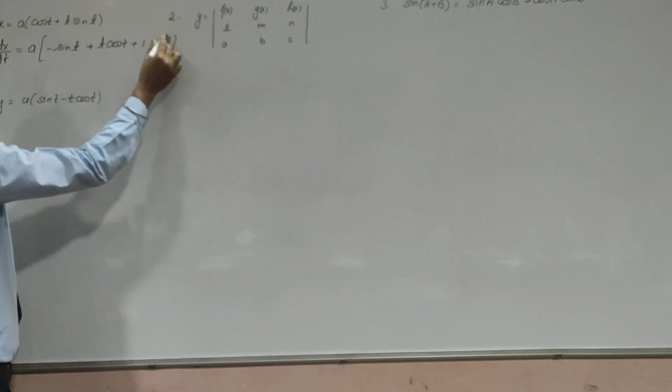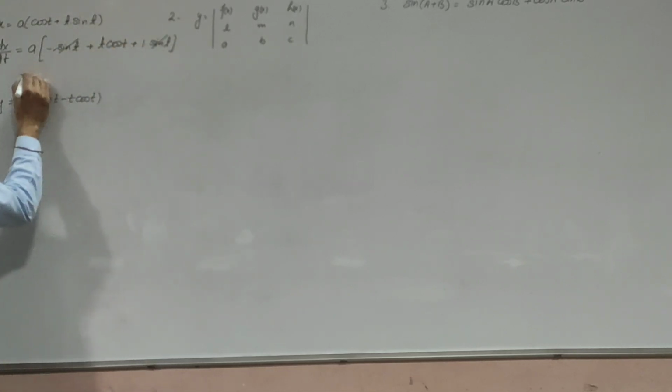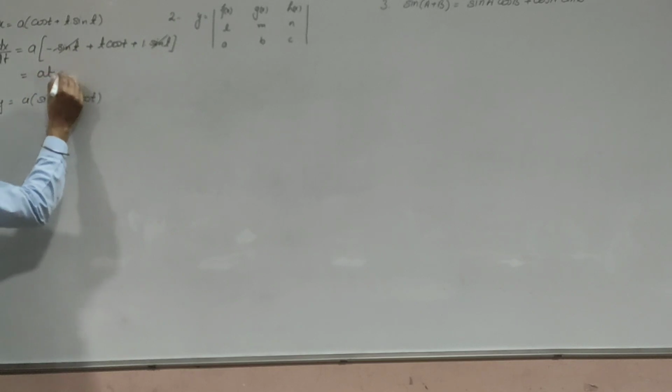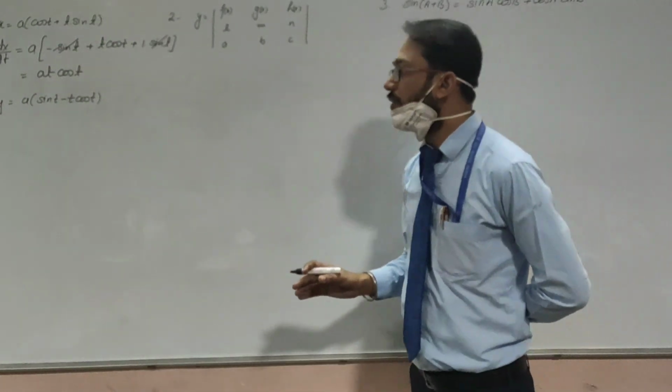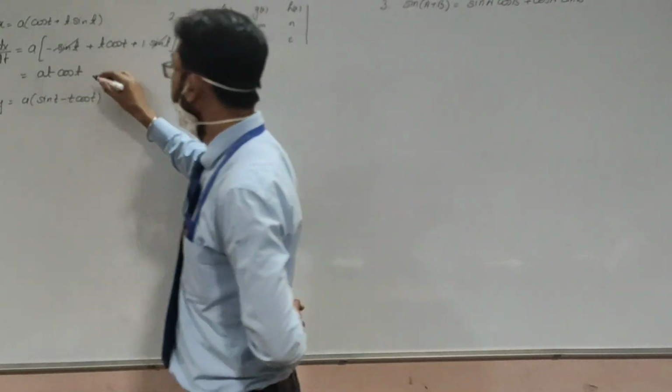So sin t and sin t cancel, and we get t cos t as dx upon dt, the differentiation of x with respect to t.